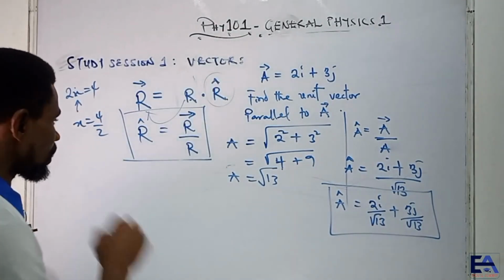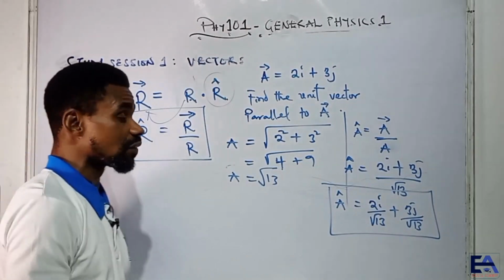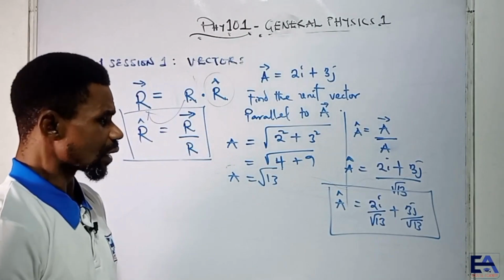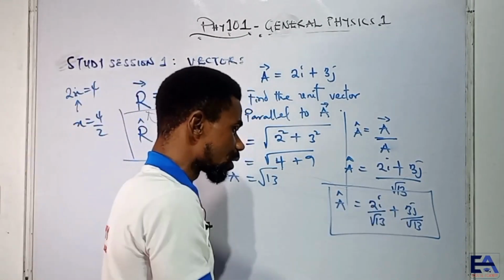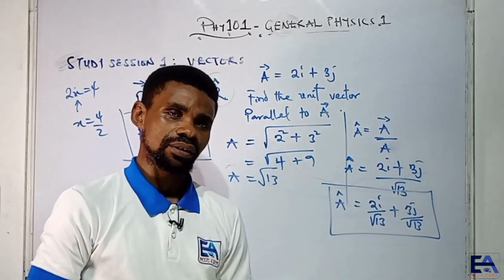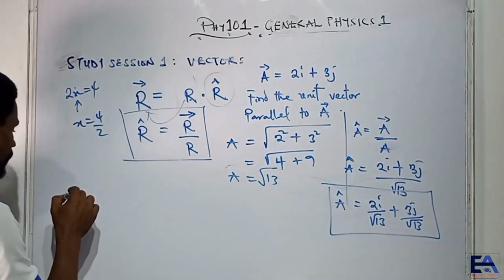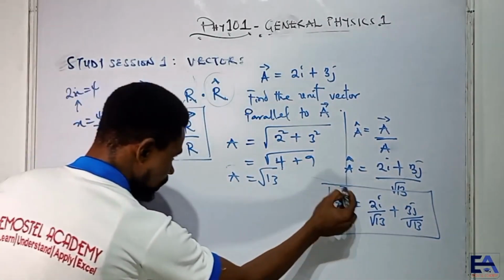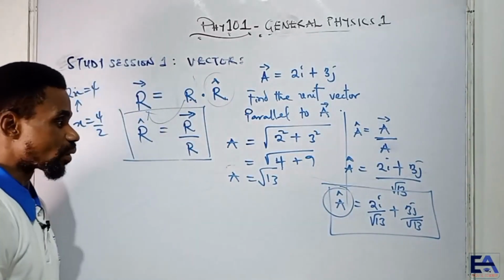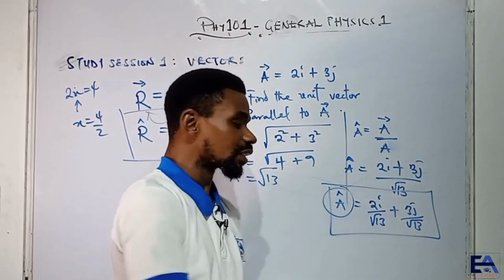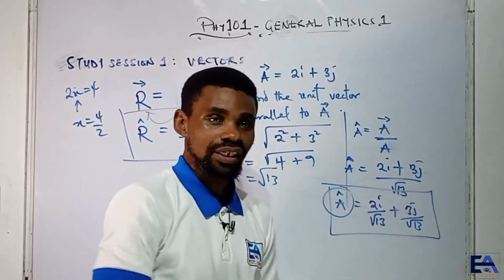Now, because we told you that a unit vector is a vector whose magnitude is equal to 1, let us test whether this answer for the unit vector parallel to A is truly correct. To check that, let's find the magnitude of this unit vector, and see whether it gives us 1.